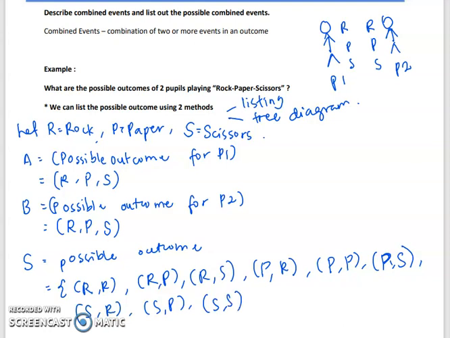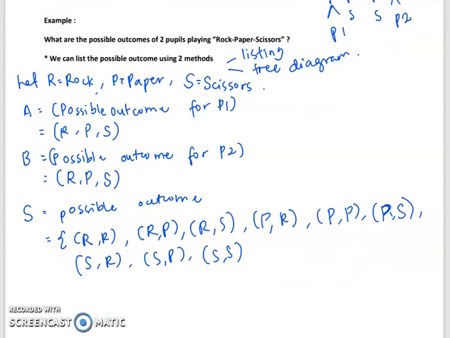So those are the possibilities that could come from the two students, right? And the number of possible outcome we calculate: 1, 2, 3, 4, 5, 6, 7, 8, 9. The number is 9 possible outcome in this case.